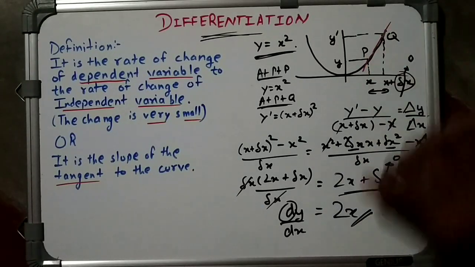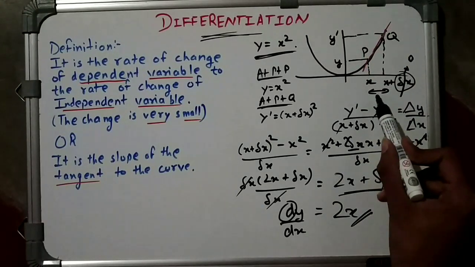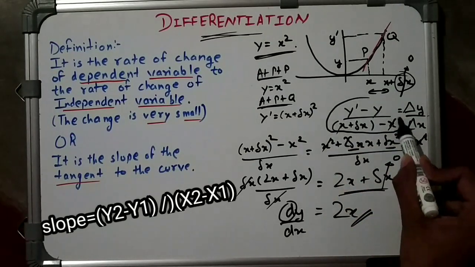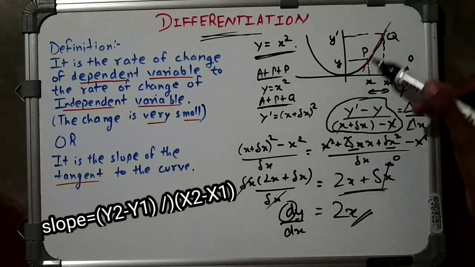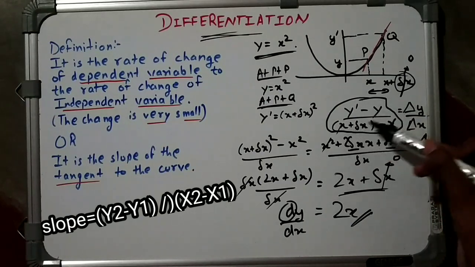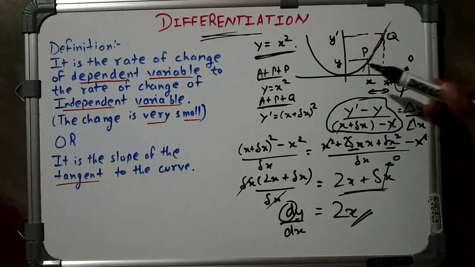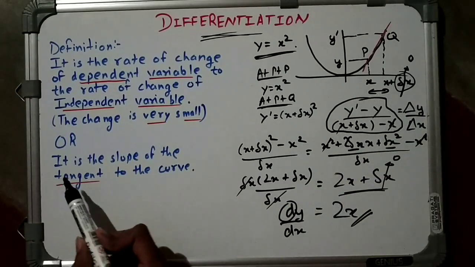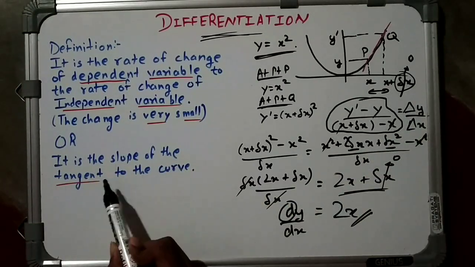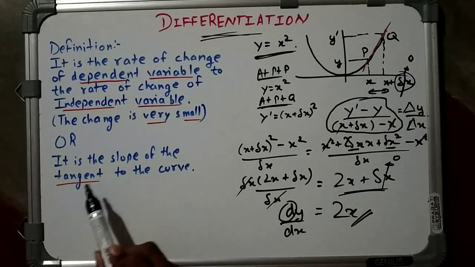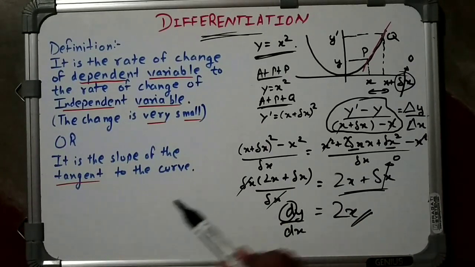This actually represents the slope of this line, y2 minus y1 upon x2 minus x1, right? This is the slope. So this is what the definition says. It is the slope of the tangent to the curve.